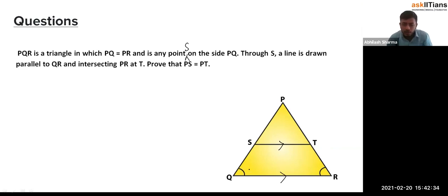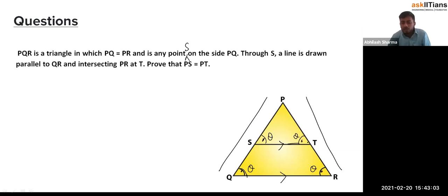Look, since these are parallel and since PQ equal to PR, it means PQR is an isosceles triangle. If this is theta, this is also theta, because we have already seen that in an isosceles triangle, the opposite angles are equal. Now, if this is theta, this will also be theta, corresponding angles. And this will also be theta, because these two are also corresponding angles, because these are parallel.